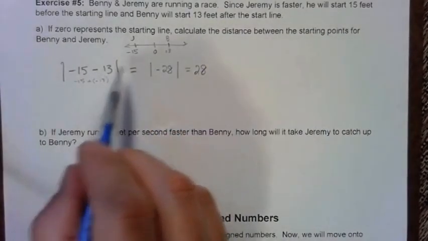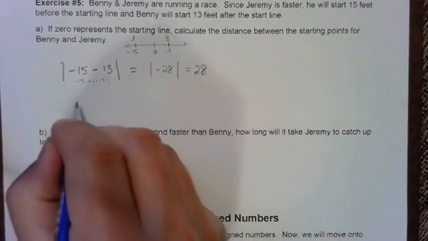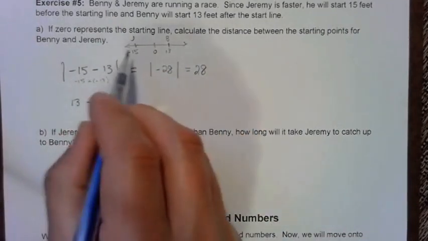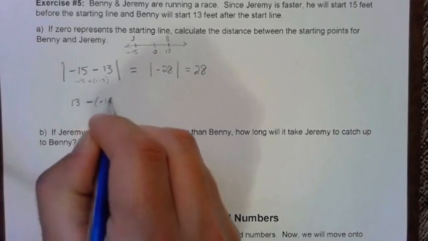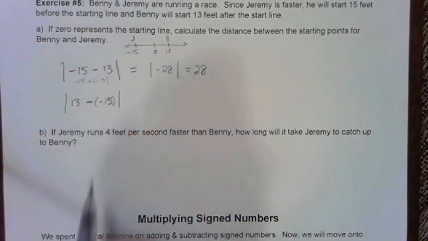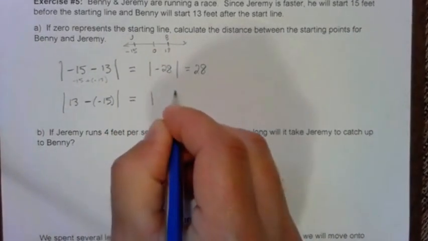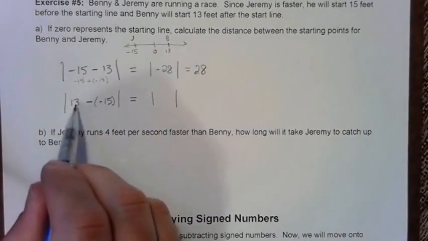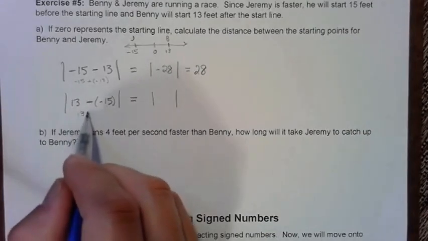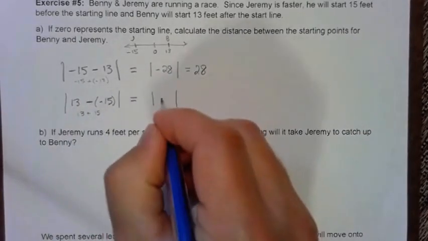All right, so I could have started with Benny's starting position of 13 and subtracted off Jeremy's at negative 15. And again, that subtraction in absolute value will give me the same distance. This is going to be the absolute value of 13 minus negative 15, which is 13 plus 15, which is 28.